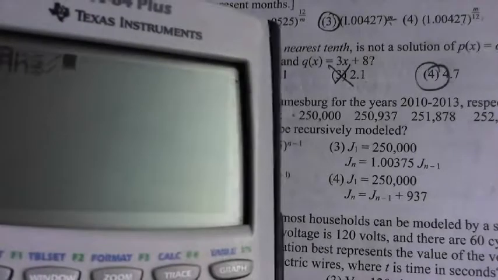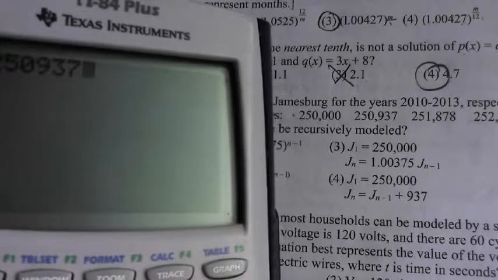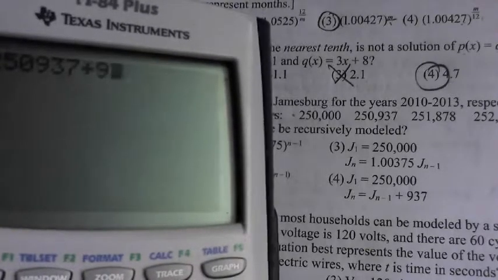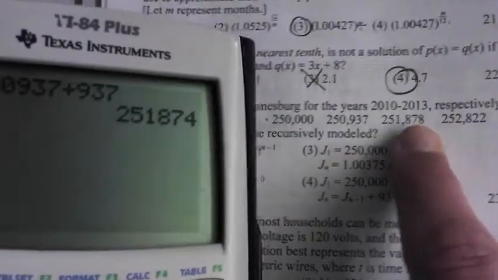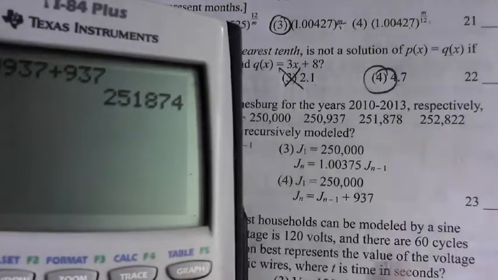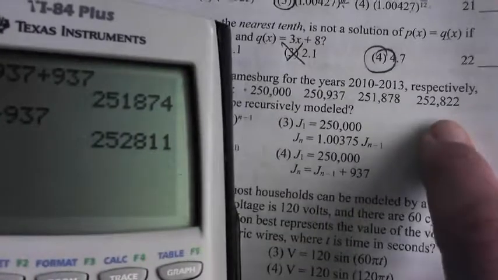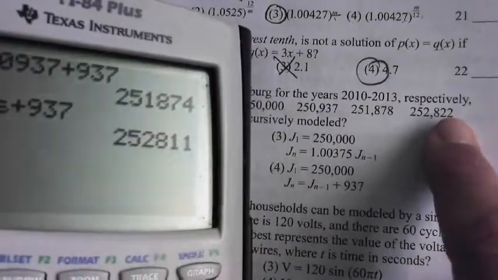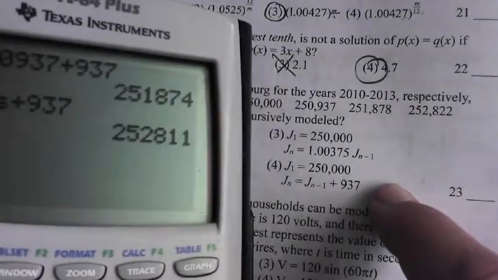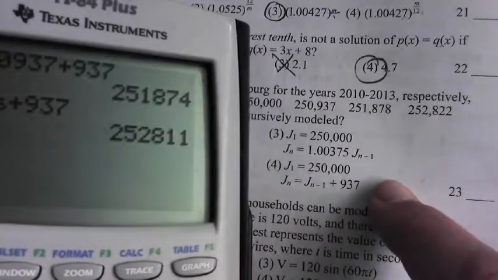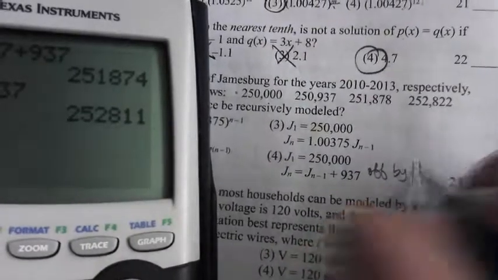So 250,937 plus another 937 would put us at 251,874. That's a little bit off. And if I add another 937, it'll put us at 252,811, where this one is. So it's not exact, but the fourth term is off by 11. Yes? So this is off by 11 when you get to the final term.